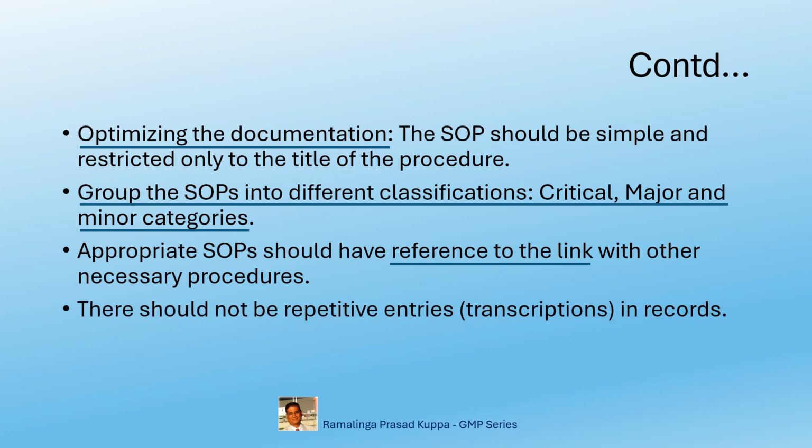There should not be repetitive entries or transcriptions in records. Transcriptions of data from one location to the other for any calculations or any other use can lead to wrong entries in many cases inadvertently.